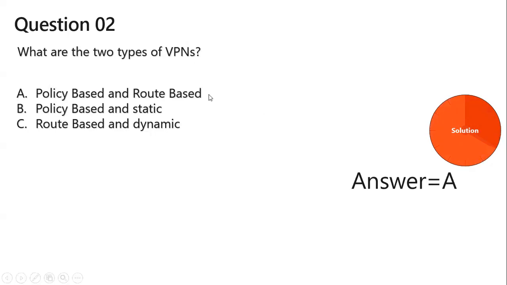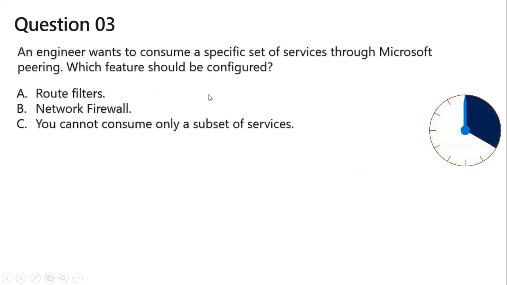Moving ahead with the next question. An engineer wants to consume a specific set of services through Microsoft peering. Which feature should be configured? Route filter, network firewall, or you cannot consume only a subset of a service.